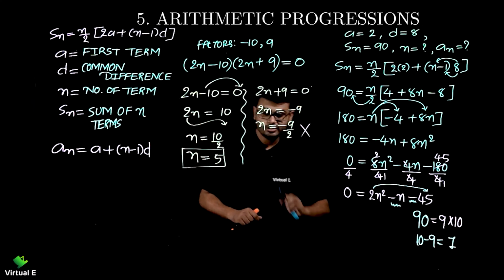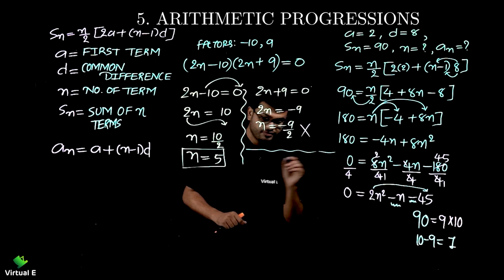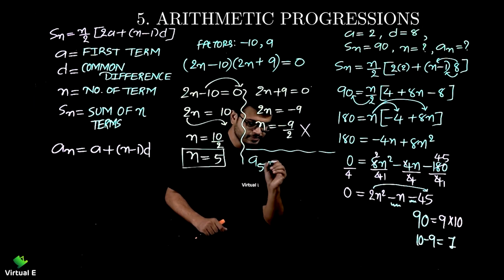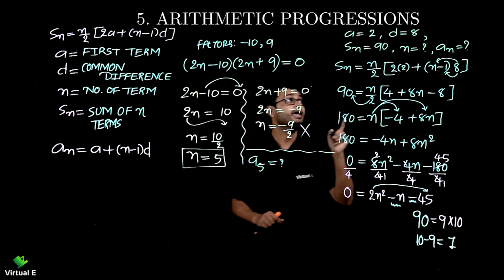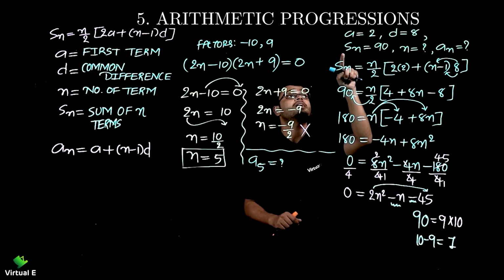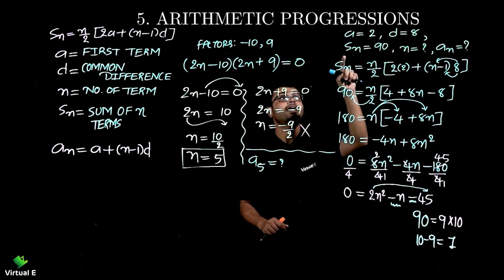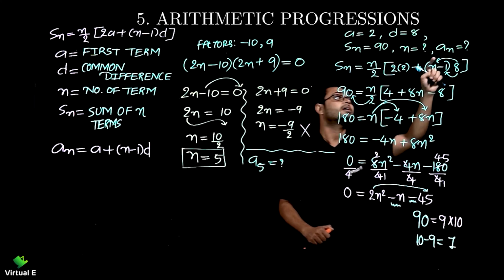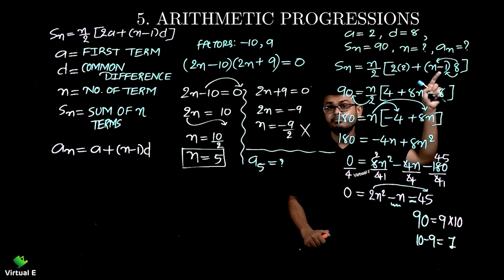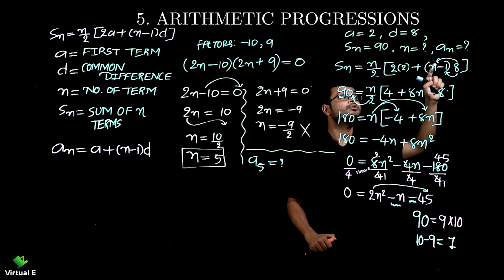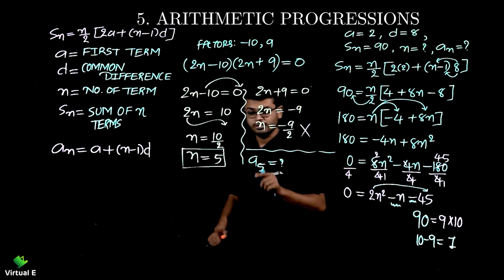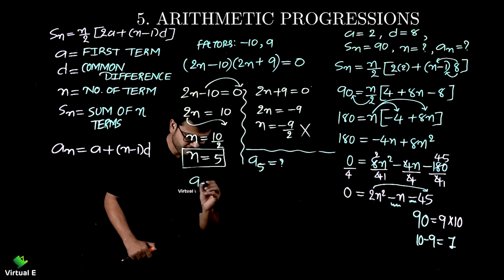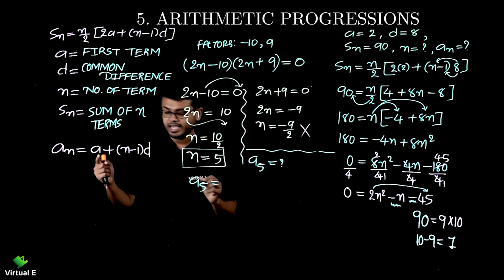Remember, I need to find the value of a5. There is no specific value for an. Okay, when it is written Sn, the value is S5. S5 is equal to 90, and here an is equal to question mark, means we need to find the value of a5. So let's put the formula. a5 is equal to a, as it is.